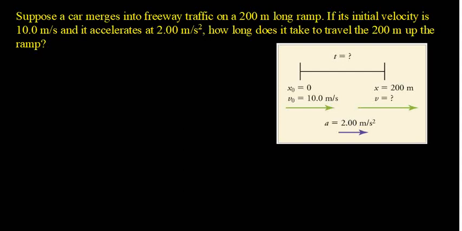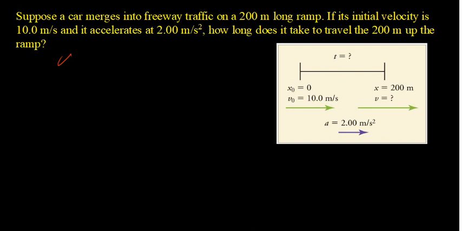All right, if I want to solve this problem, I need to find out the time. So you might start with the idea of, all right, I have the v final equals the v initial plus the acceleration multiplied by the time. Well, when we look at this equation, you will find that we have two unknowns.